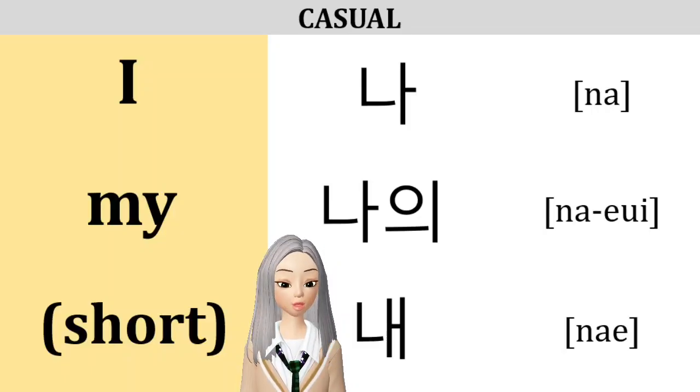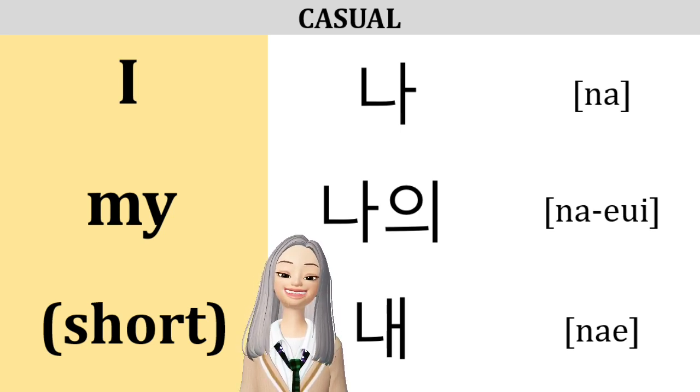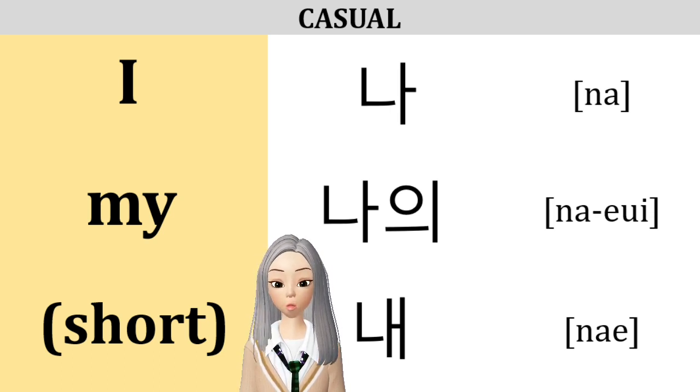Now let's see the casual form of I. I, casual form, is 나. Possessive form, my, becomes 나의. Again, put in short form, it becomes 내. Let's see examples.